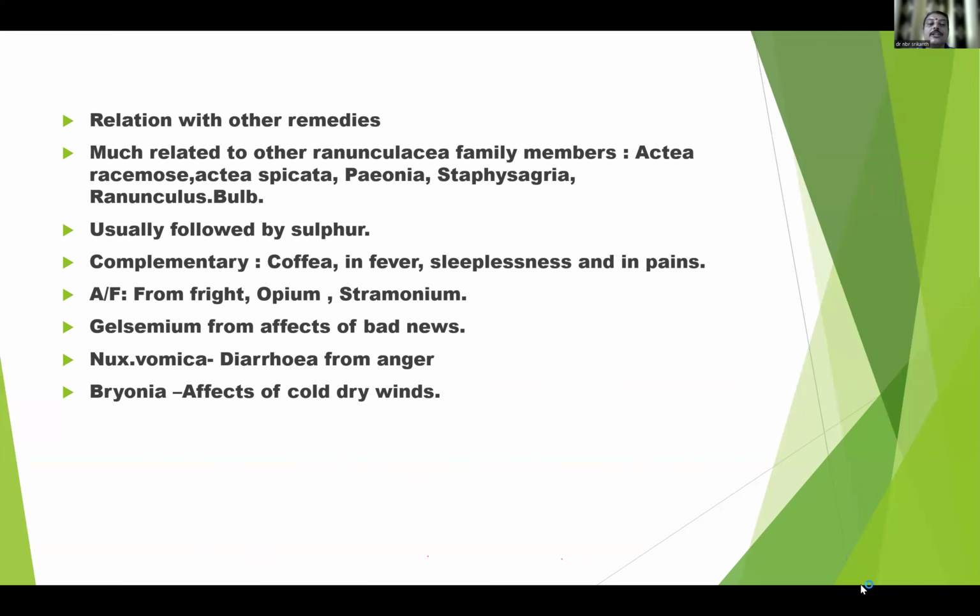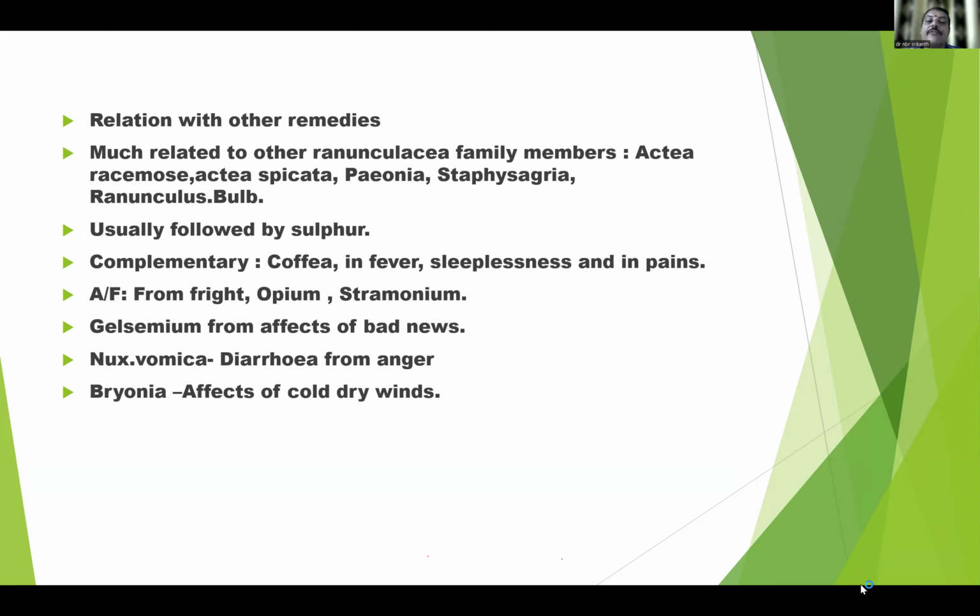So now the relationship of Aconite with other remedies. As usual, because these are co-sisters and brothers, they all belong to the same family. A lot of similarities we can find with other Ranunculaceae family members like Actea racemosa, Actea spicata, Paeonia, Staphysagria, Ranunculus bulbosus, etc. But you can understand the difference lies in the speed and velocity.